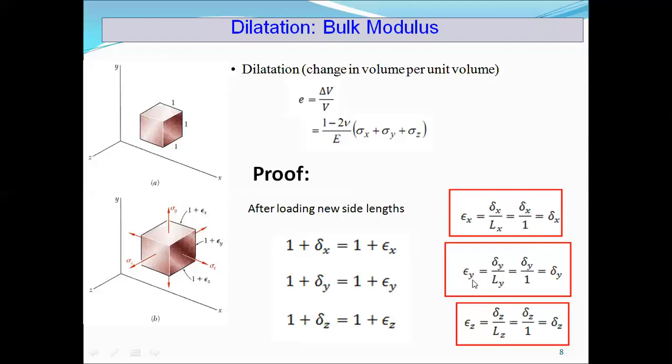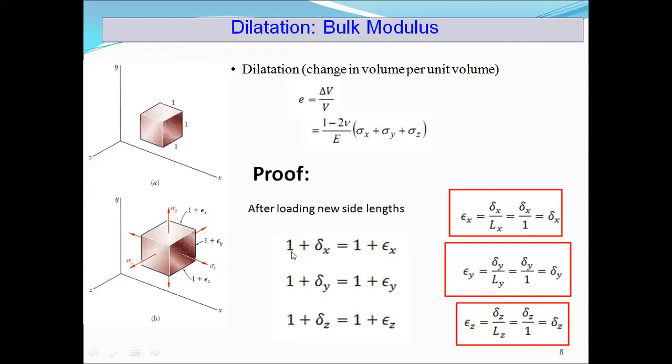Similarly, epsilon y is delta y by Ly, the change in dimension along the y-axis divided by the original dimension along the y-axis, which is 1, so epsilon y is delta y. Similarly, epsilon z is delta z by Lz, equal to delta z by 1, where 1 is the original side length along the z-axis, so it is equal to delta z.